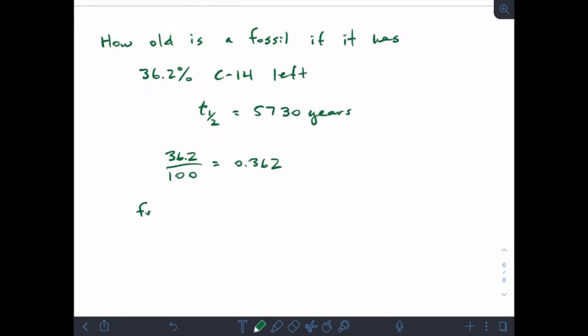And so my fraction remaining, I have a handy relationship there that looks like 0.5 to the t over t1/2 power. Since I know the fraction remaining and I know the t1/2, I can solve for t.